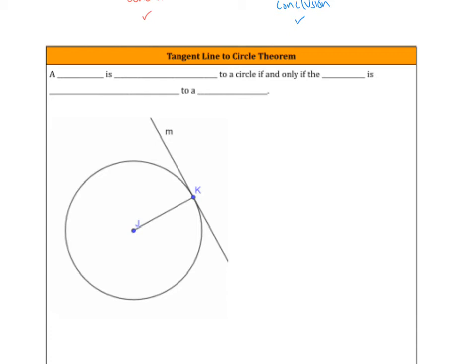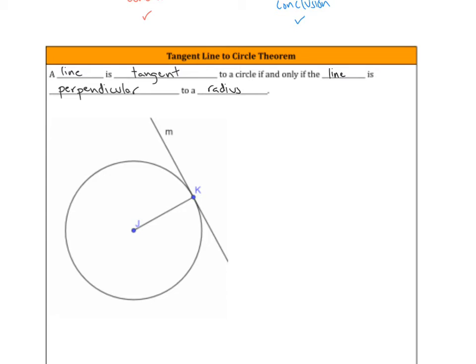So the theorem is that we have a tangent line to the circle theorem. Here's what it says. A line is tangent to a circle if and only if the line is perpendicular to a radius.